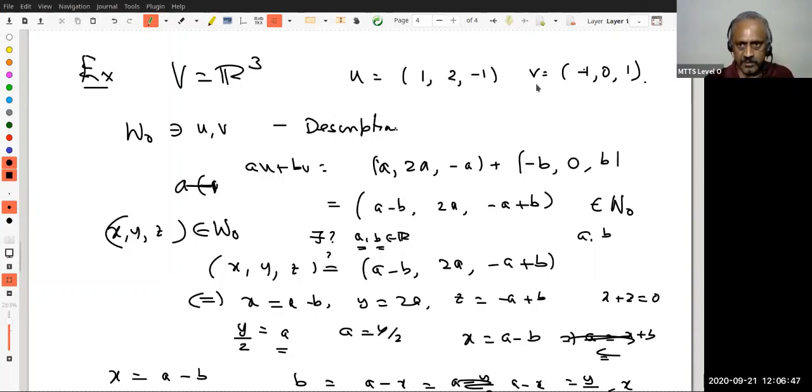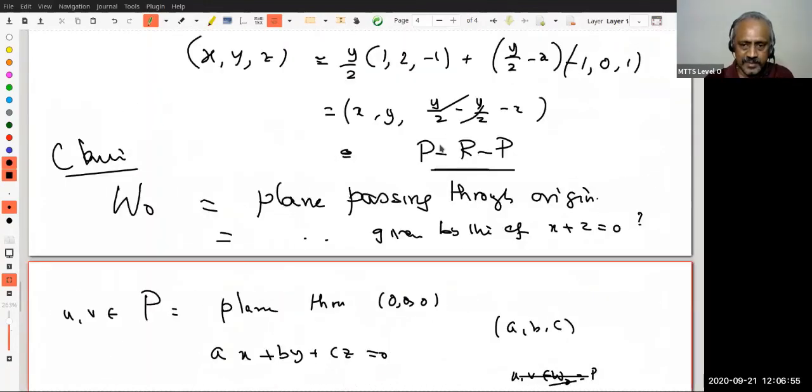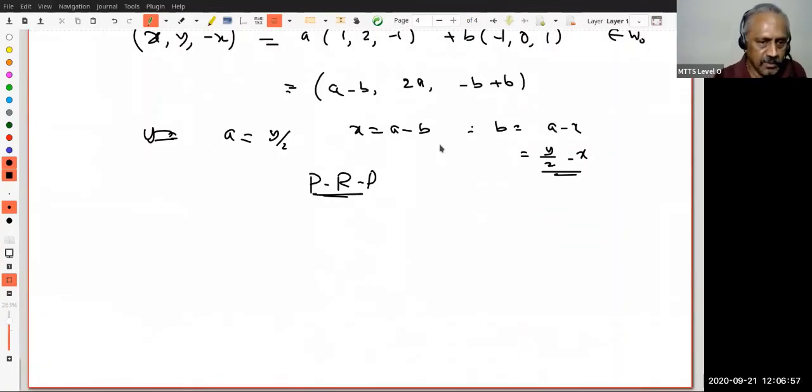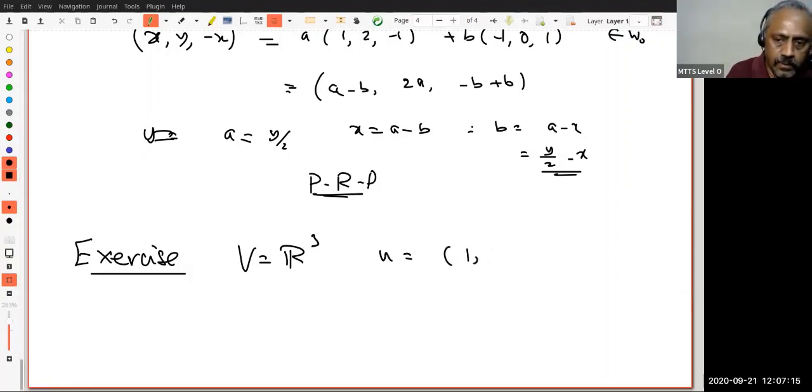Since W naught is a plane passing through the origin, can I write down the equation of the plane? We are able to do that. Just as homework, do this so that you will be very happy. Exercise. I will give the final answer because I have noted the details, so let us not split too much hair. V equal to R3. My u is 1, 2, minus 1, and v is minus 1, 0, 1.